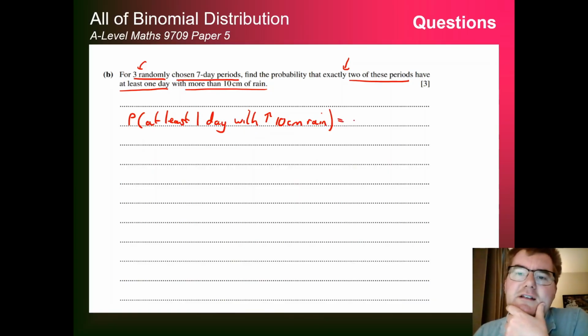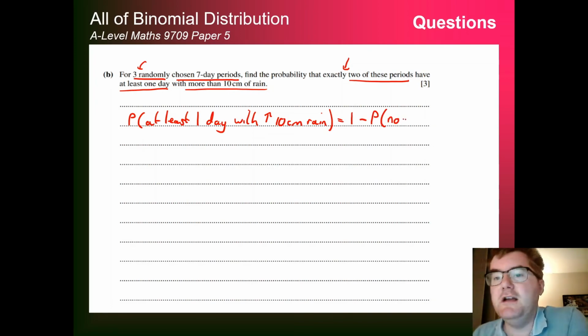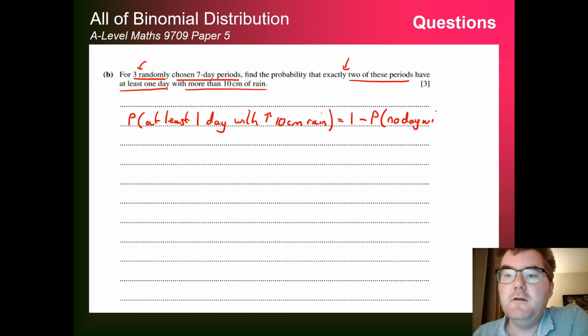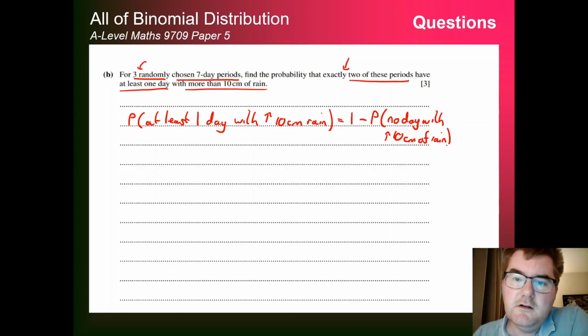The easiest way to work this out is 1 minus the probability of no day with more than 10 centimeters of rain. So again, using that reversal idea.